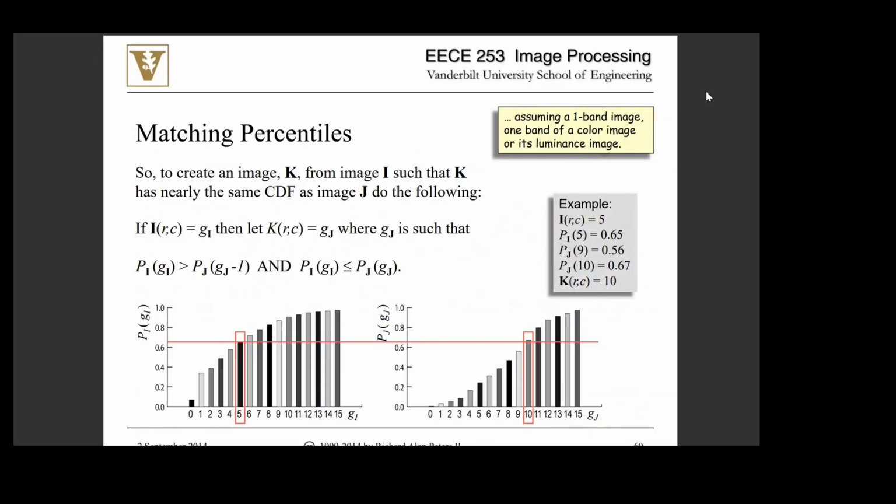Let's say that we have the cumulative density function of the image I and the image J. And just to keep things simple, we will only consider the gray values between 0 and 15, not 0 to 255. Those are too many. So let's say that this is the CDF of I, this is the CDF of J. And I want to find this transformation.